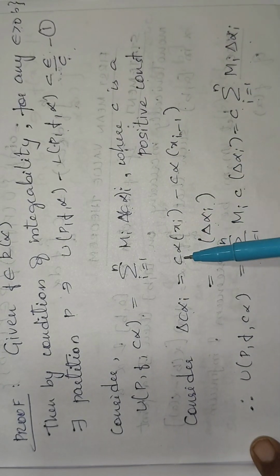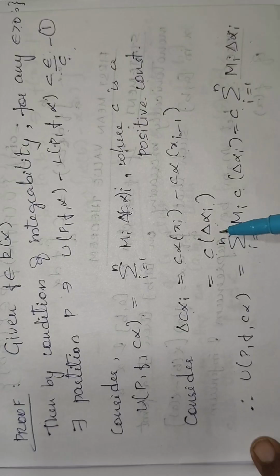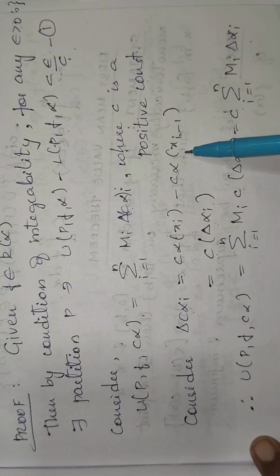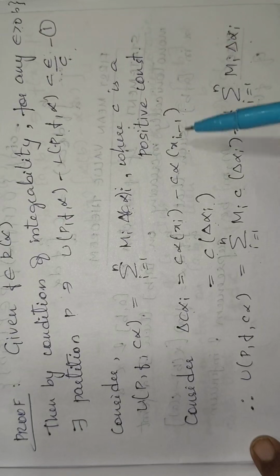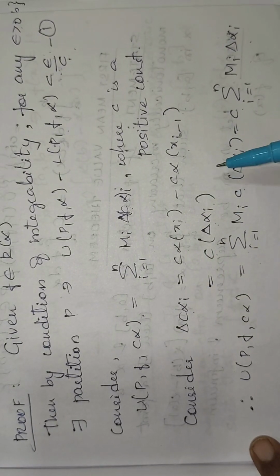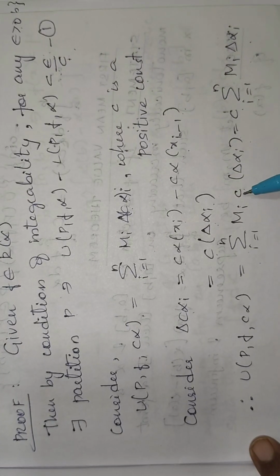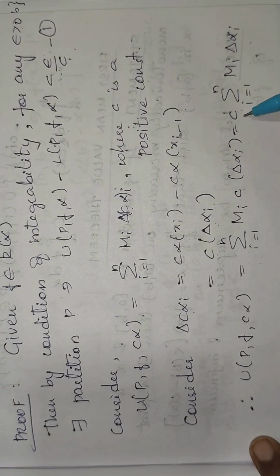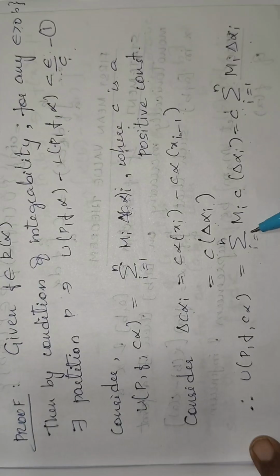If you take the c outside, you are left with delta alpha i, which is nothing but alpha xi minus alpha xi minus 1. So instead of delta c alpha i, we can write c into delta alpha i. I can also take the c outside the summation, as it has nothing to do with the summation.